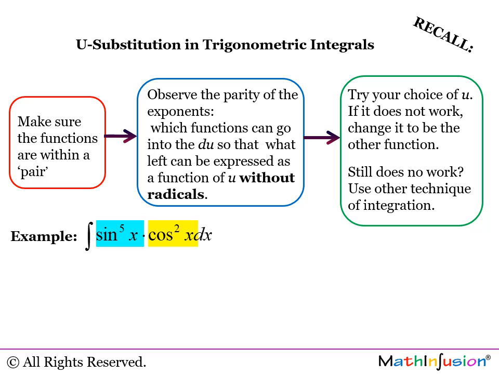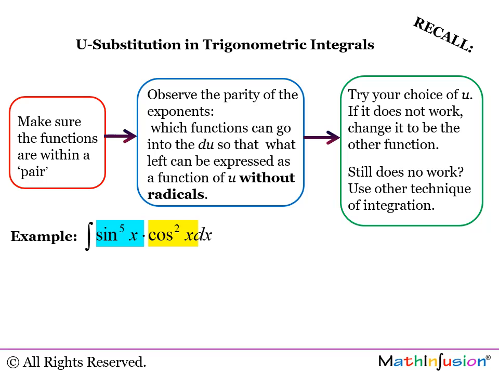In the U substitution, we looked at the composite function and we took the inner function to be the u. Here we cannot do it because if you look at this, for example, it's a product of two functions and each of them is composite. So the u can be cosine x or it can be sine x. What should I put in the du, so the leftover will have only even exponents, because I love even exponents.